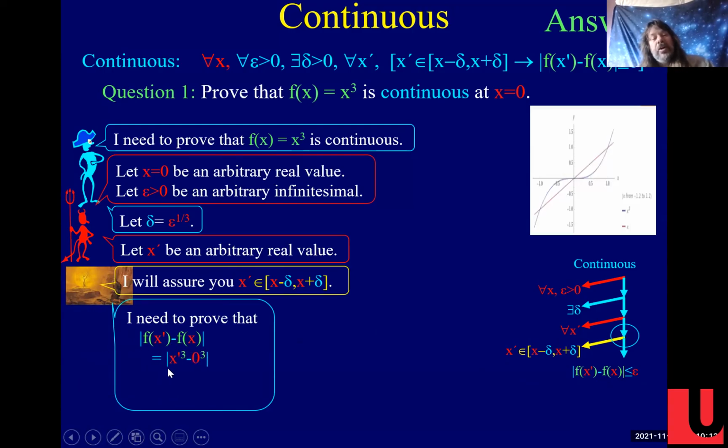Well, we plug in our definition, x prime is still x prime, and f is x cubed, and x is 0. And so that's what we plugged in. And then this simplifies just to x prime cubed.